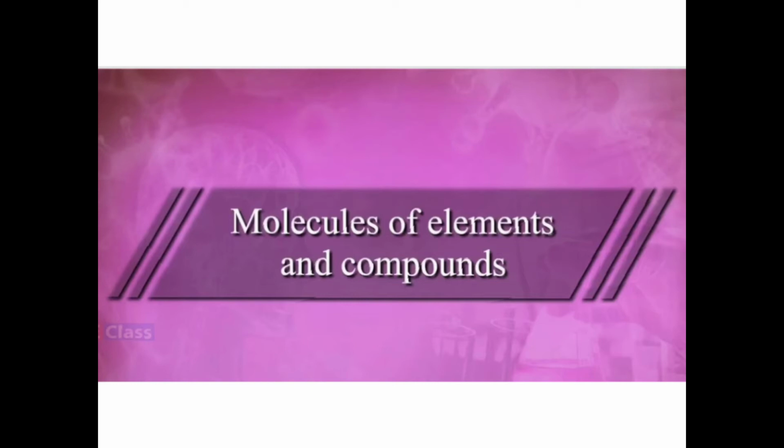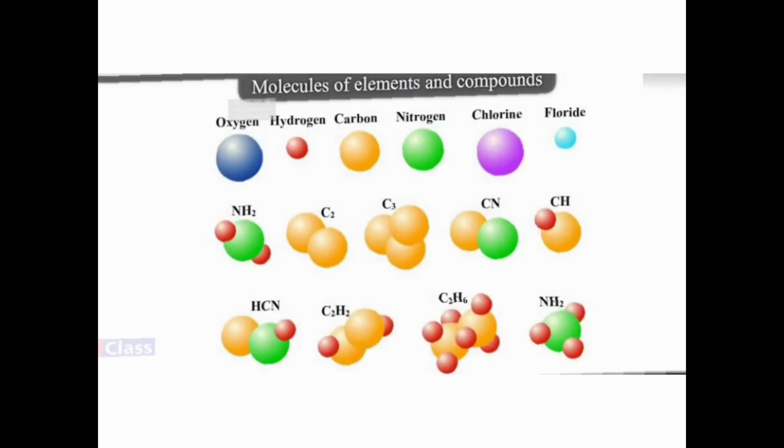So oxygen combines with another oxygen atom and makes an oxygen molecule. Nitrogen combines with another nitrogen and makes a nitrogen molecule. If there are two atoms combining, we say they are diatomic in nature.